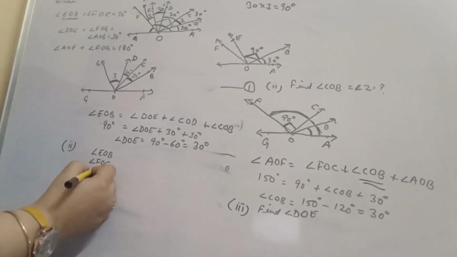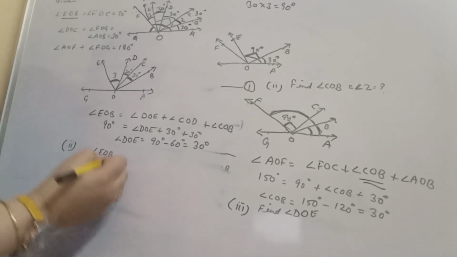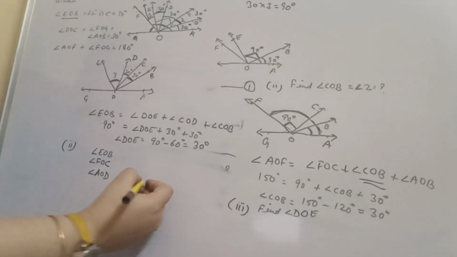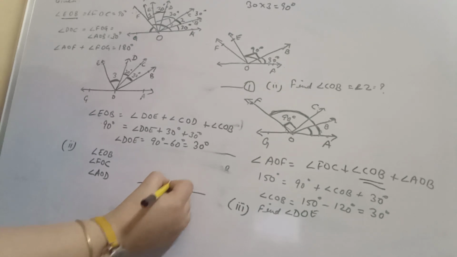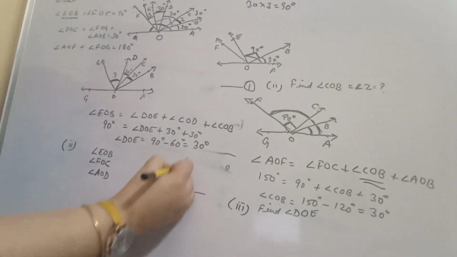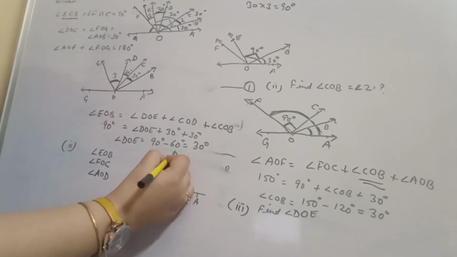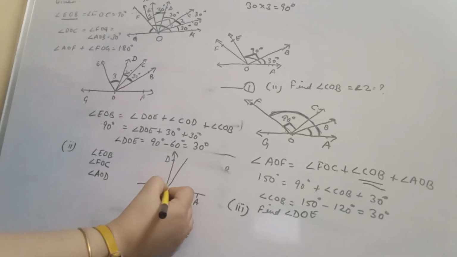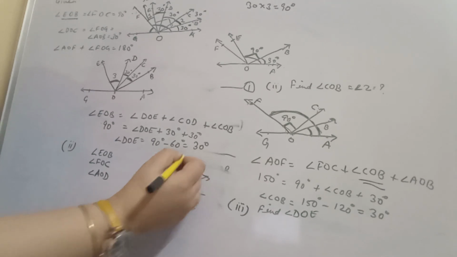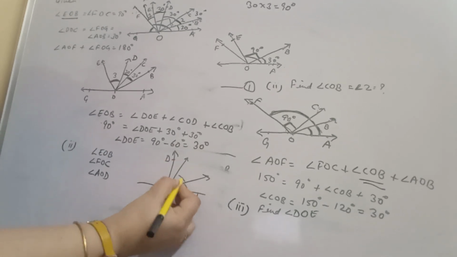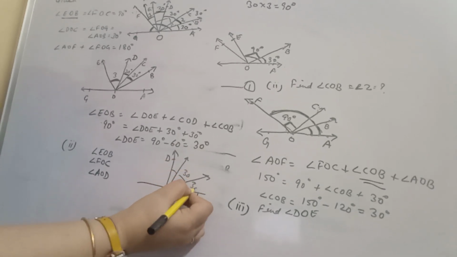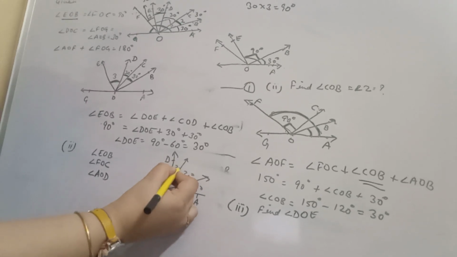AOD is 90 degree. So one of the 90 degree angles is AOD. You can see here AOD, and there are two rays in between. So AOD, and each angle is 30, 30, 30.